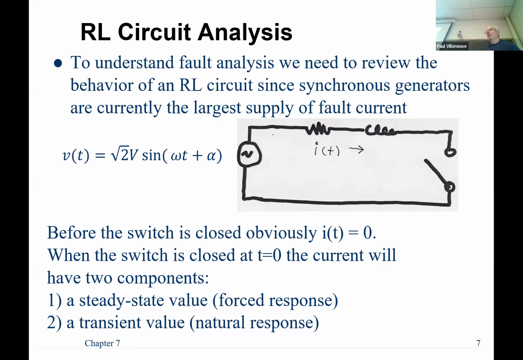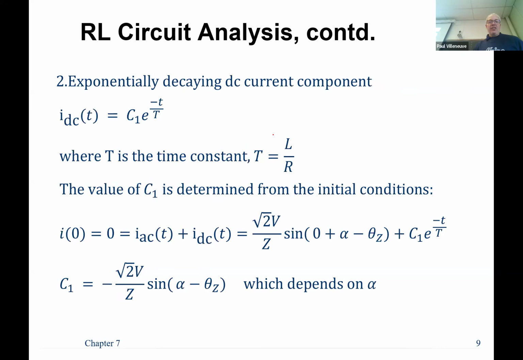So if there's no current flow through the inductor before the switch, how much current will flow just after the switch closes? Nothing. So I'm trying to solve for my initial condition components, my C's here, right? So I set that equal to 0, and I can solve for what that DC offset needs to be, what that inductor is attempting to do so that the current won't instantaneously change.